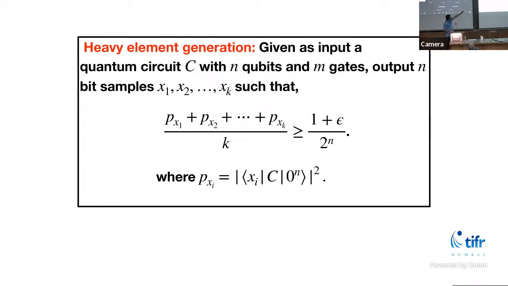If it passes with a high score, precisely 2, that's the signature for Porter-Thomas, then you say that that's the correct distribution to sample from. And it's conjectured to be hard for classical computers to get a score more than something that decays polynomially.